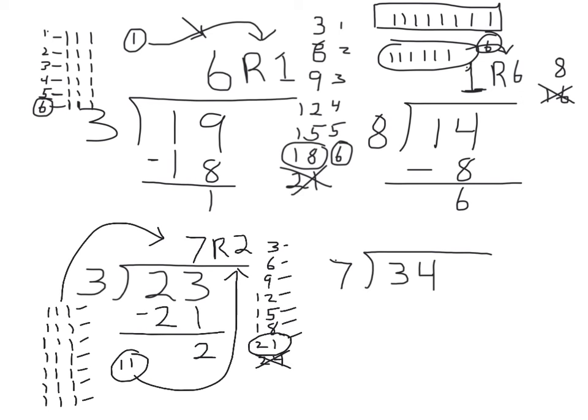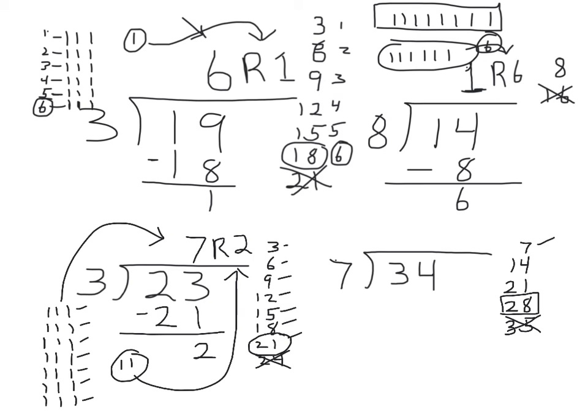I'm going to show you one more. 34 divided by 7. So again, if we skip count by 7, we could find out how many 7s fit in 34. So we have 7, 14, 21, 28. 28 plus 7 is 35. 35 is too big, so we know it's 28.